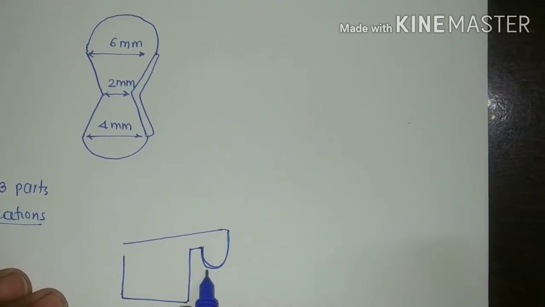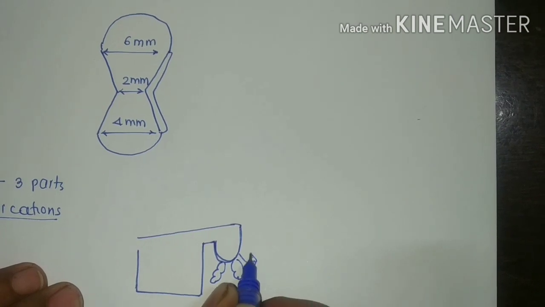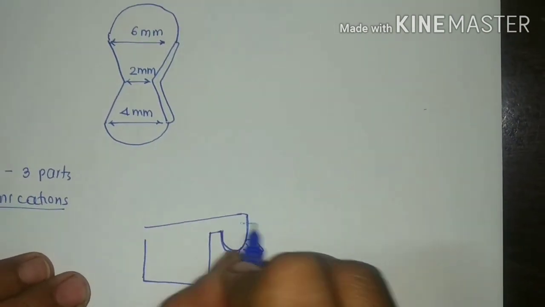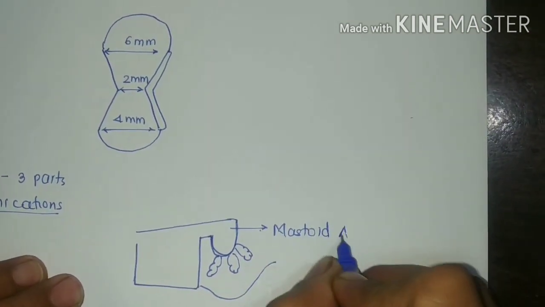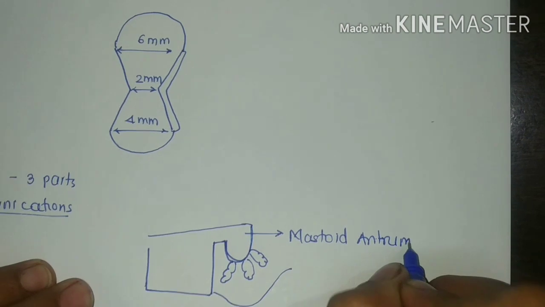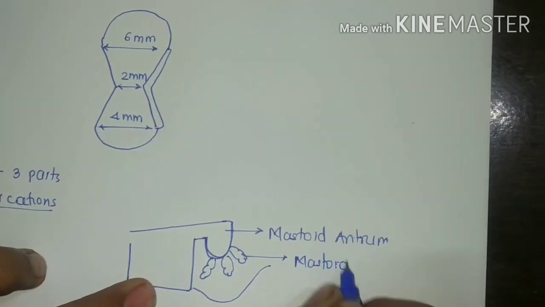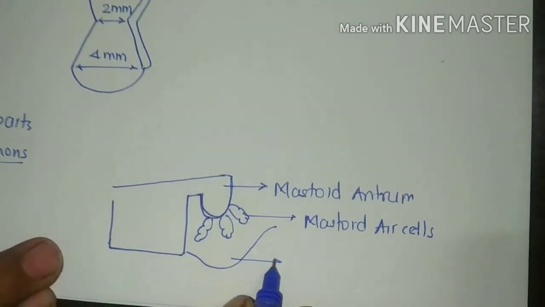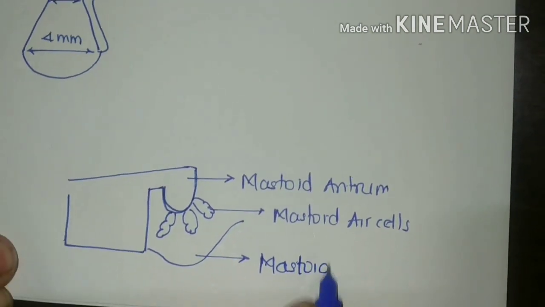So this is the mastoid antrum, these are the mastoid air cells, and this is the mastoid process.